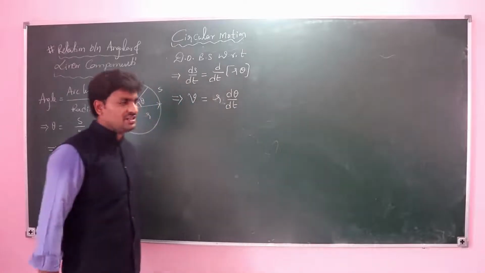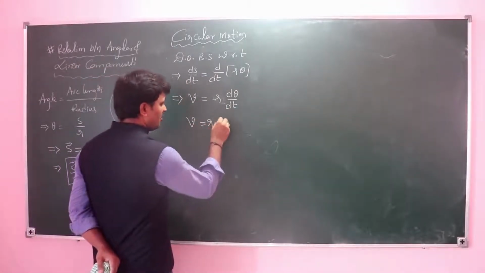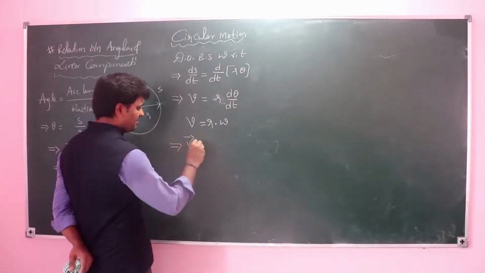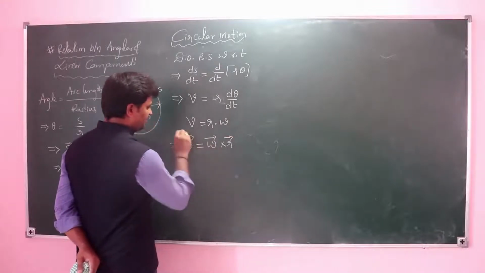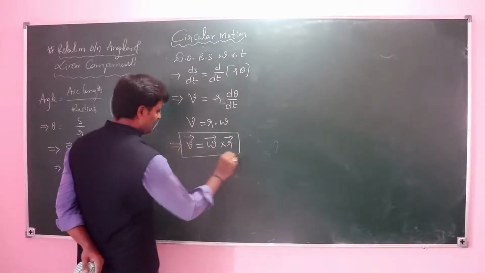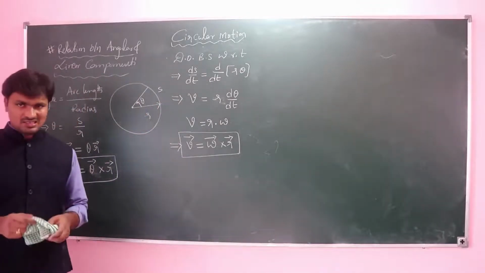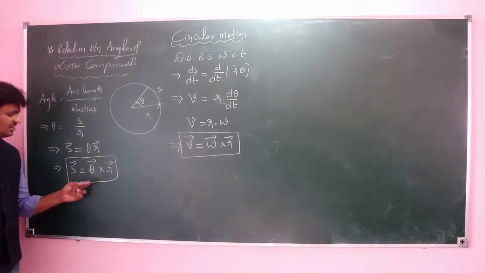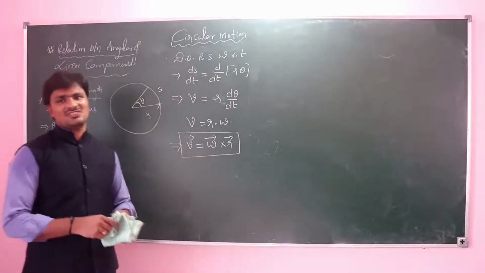Then v is equal to r omega. In vector notation, v bar is equal to omega bar cross r bar. This is also from the right hand thumb rule. This is the relation between linear velocity and angular velocity.